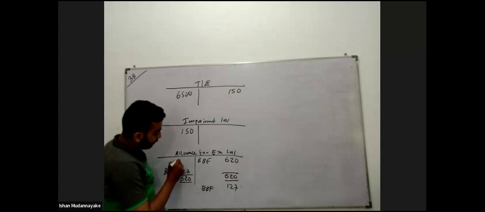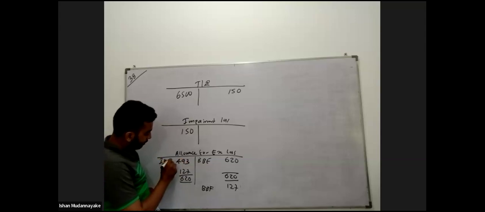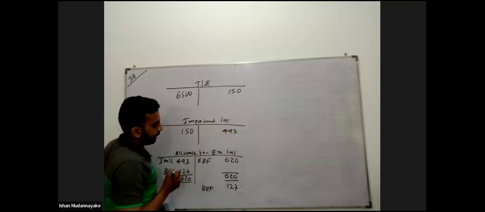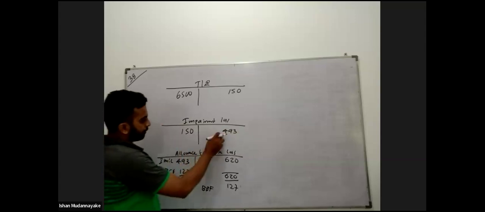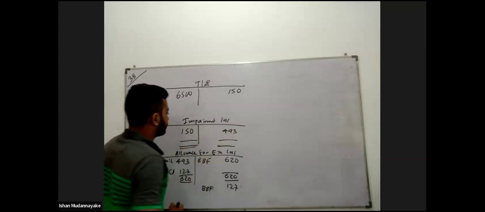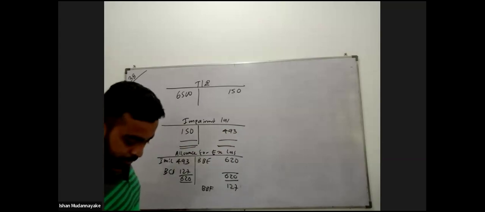Allowance for expected loss account debit 493, impairment loss account credit 493. Now the difference you can transfer to profit and loss. The difference is higher side, credit side 493. 493 minus 150.